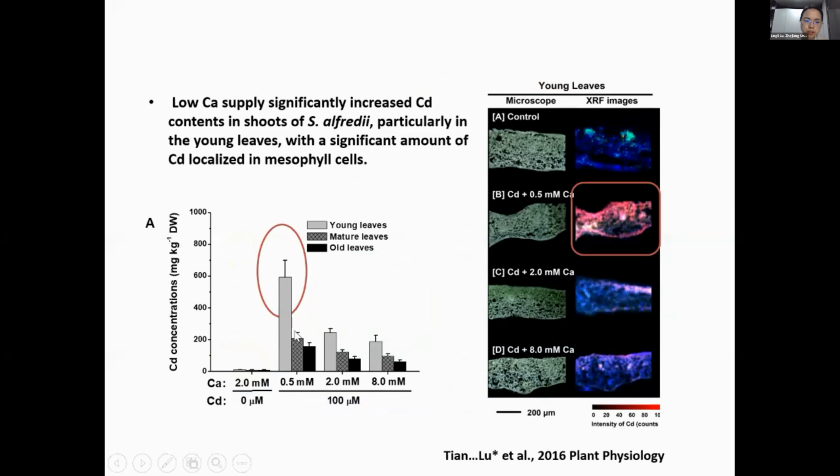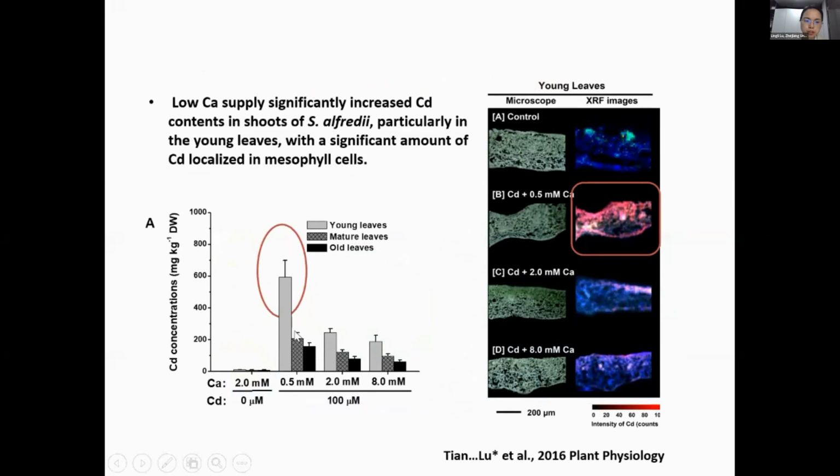So here, to our conclusion, this hyperaccumulator can accumulate cadmium because it has very enhanced root uptake and translocation, and also phloem mobilization from the old tissues to the young tissues.